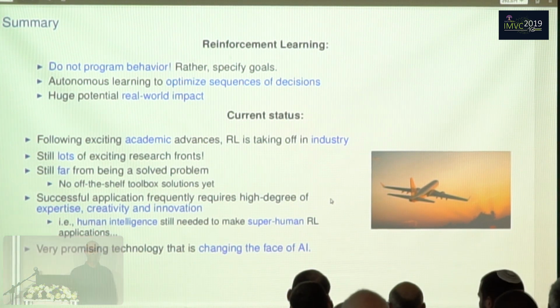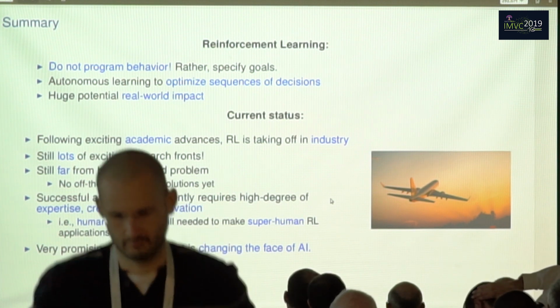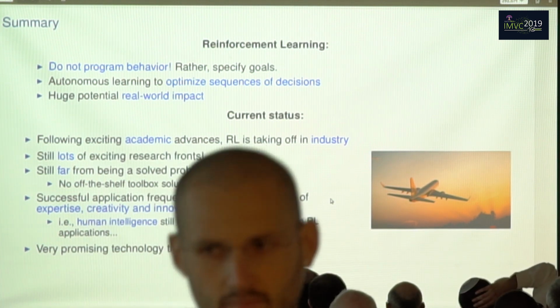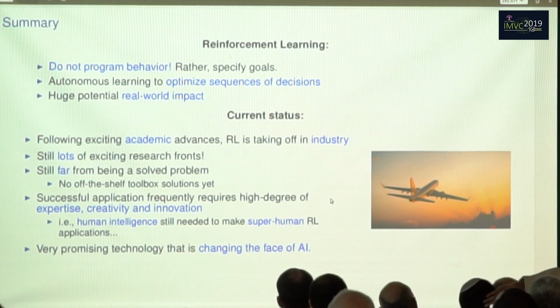But there are still lots of exciting research fronts, and we're still far from completely solving RL. There are no off-the-shelf toolbox solutions. In fact, successful application of RL frequently requires a high degree of expertise, creativity, and even innovation. In other words, we still need human intelligence to create superhuman RL applications.